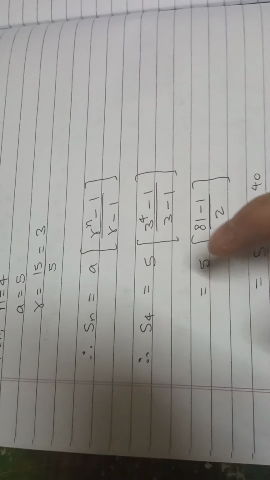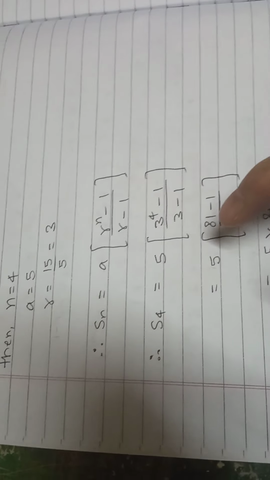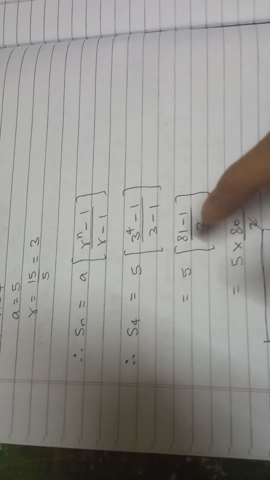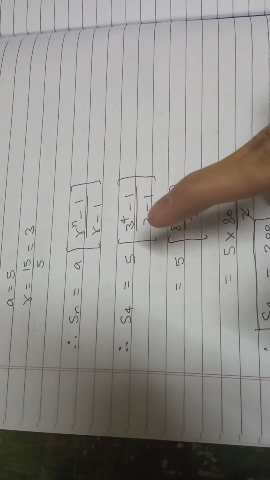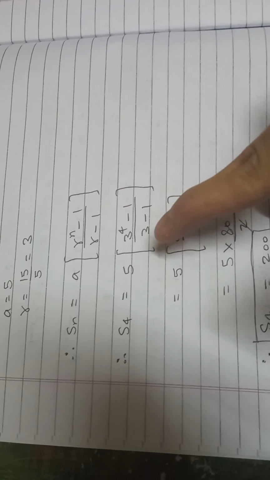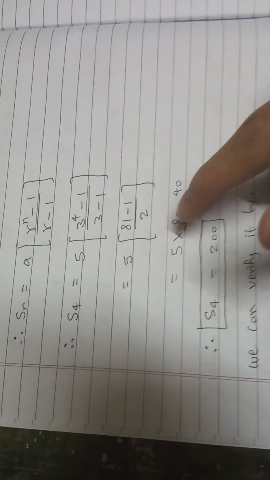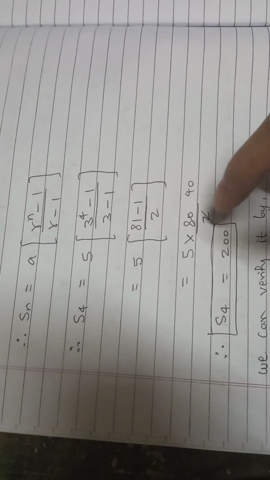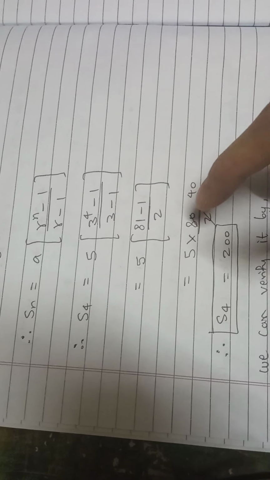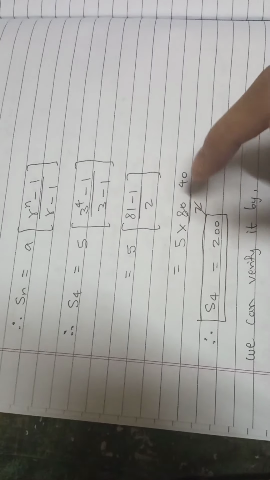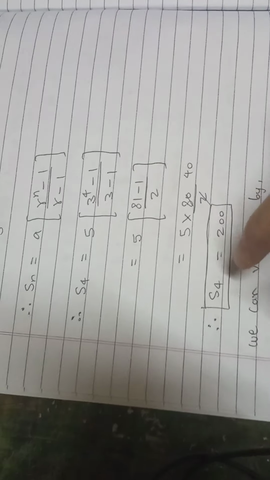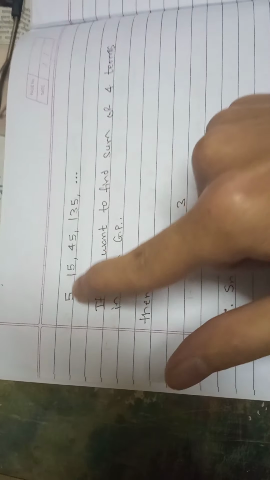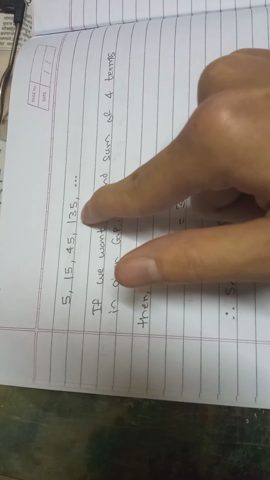Then 3 raised to 4: 3 times 3 is 9, 9 times 3 is 27, 27 times 3 is 81. 81 minus 1 is 80, divided by 3 minus 1, which is 2, into 5. So 2 into 40 is equal to 80, times 5 gives 200. So the summation of the first 4 terms is equal to 200.